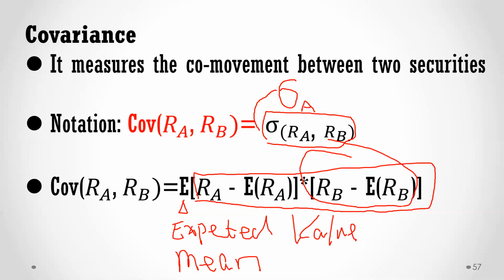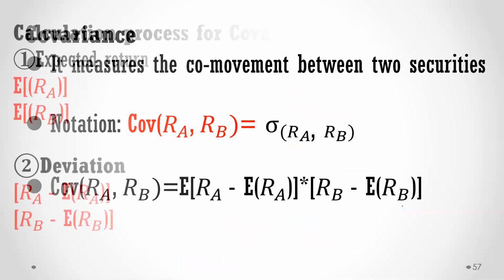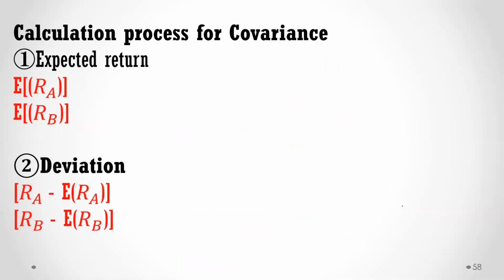I think maybe it's difficult to remember the equation at first sight, so let's see some example. The calculation process of covariance is, first, you calculate the expected return or the average return for A and B. Then we calculate the deviation for each case.